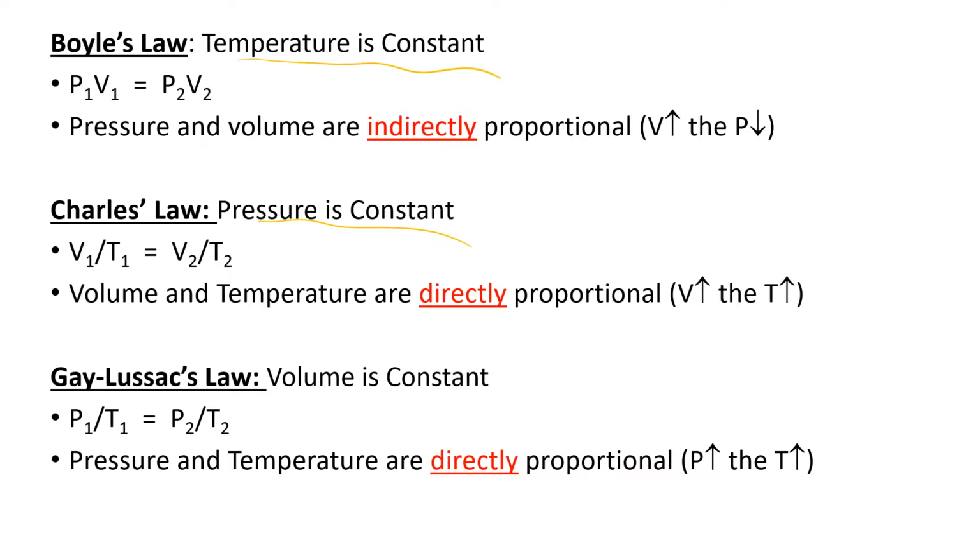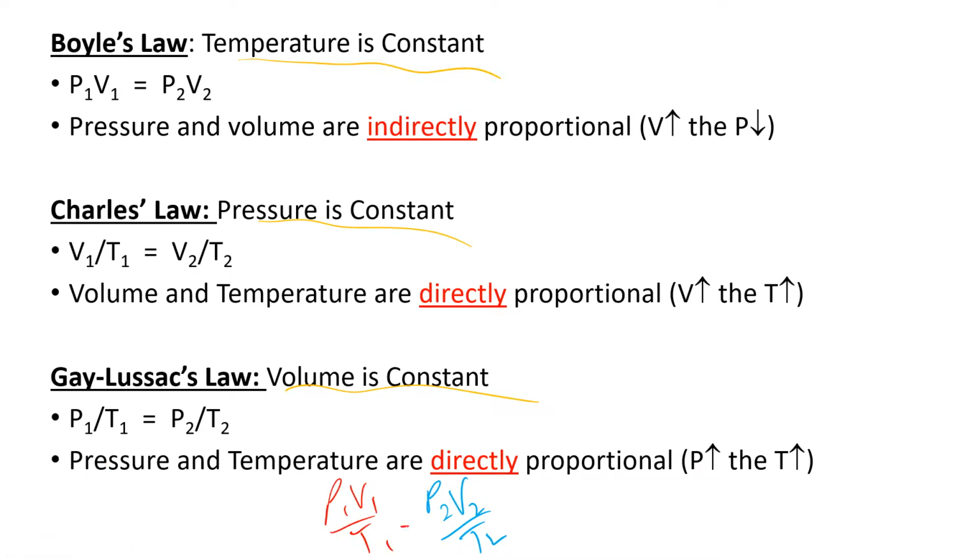So here I talked about if temperature is constant, so the T1 and T2 disappear because it's the same thing. You can make them both equal to 1. And if volume is constant, it's P1 over T1 equals P2 over T2. So hopefully you see how all of these are some derivative of what we've been talking about. P1V1 over T1 equals P2V2 over T2.